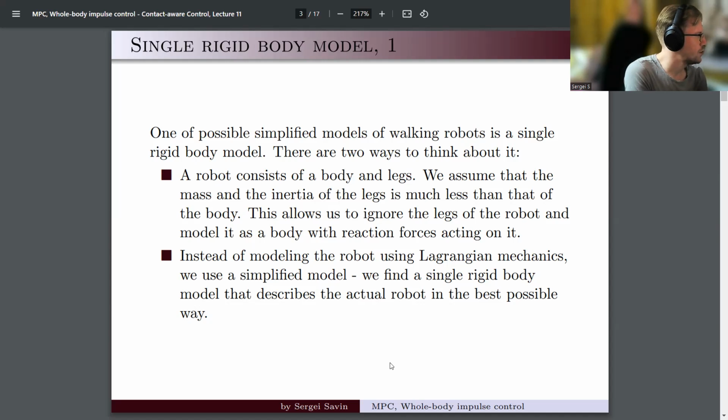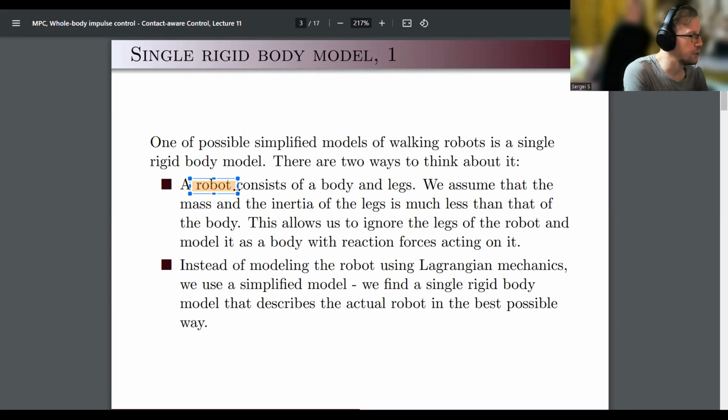One way to think about it is that your robot, typical quadruped robots that you're going to work with, would most likely have a body, so a very noticeable, bulky, rigid link. It's very different from any other link. You can immediately recognize it as a body, right? And legs, right? For quadruped, it will be 4 legs. They're usually going to be much smaller than the body.